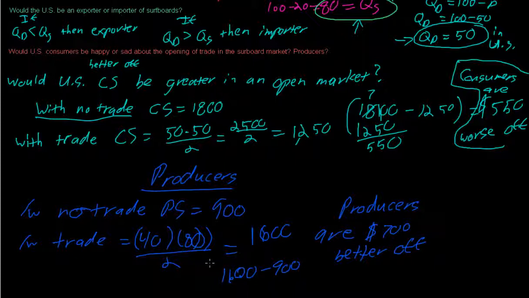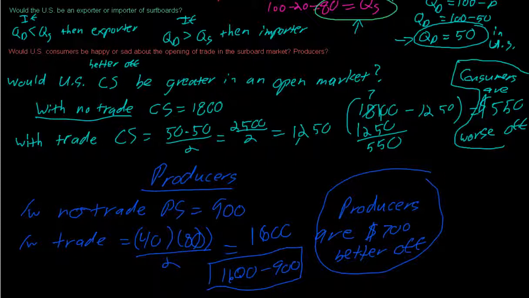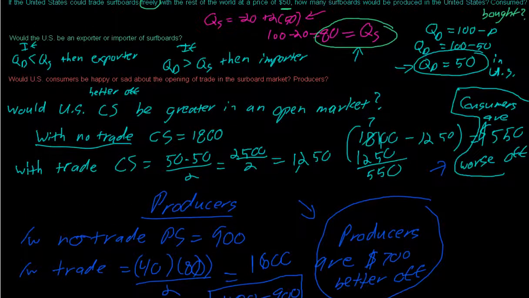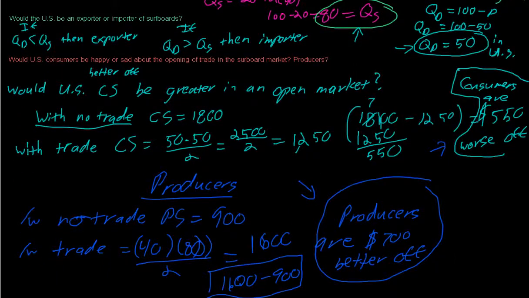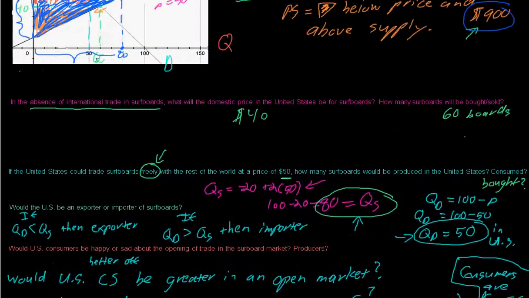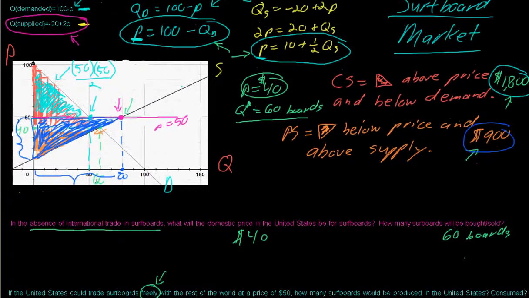So they are better off. And so I want to point out that because the U.S. was an exporter, producers were better off and consumers are worse off. If it was the other way around, it would all be flipped, and we'll go ahead and show you that in a different video.